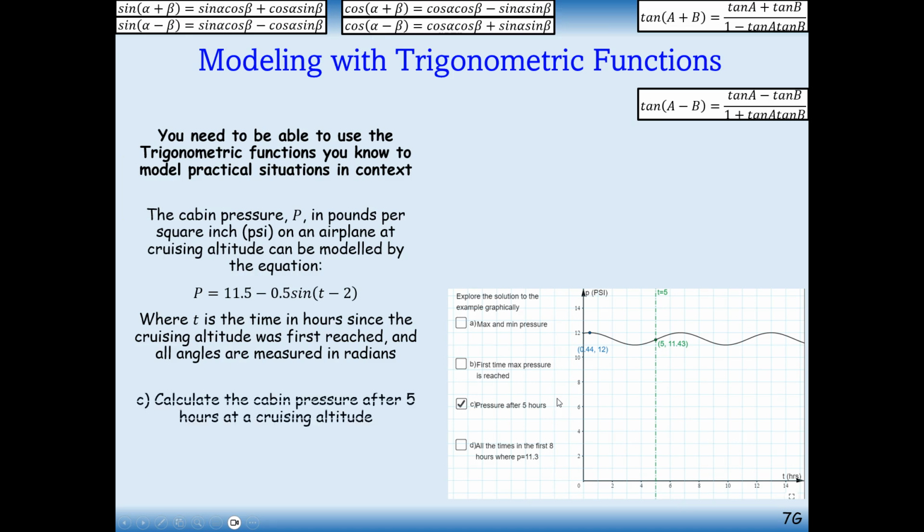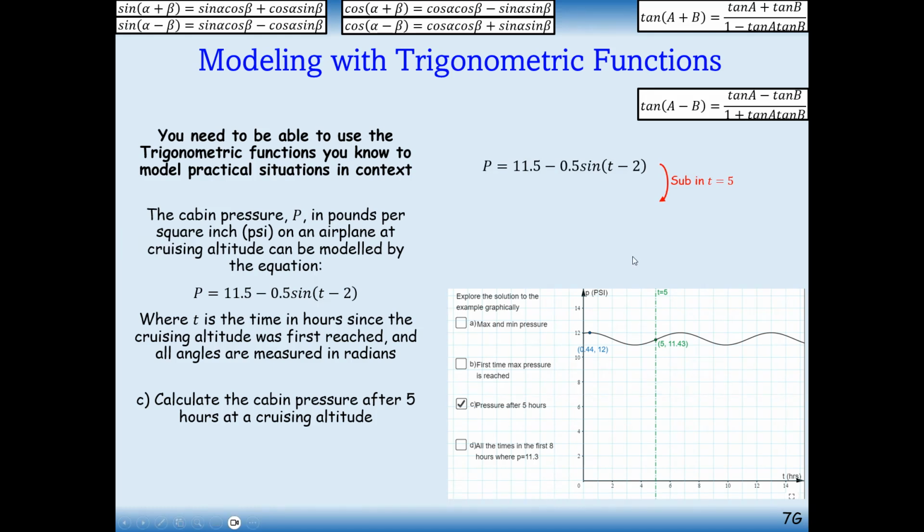The next part of the question is asking us to calculate the pressure after 5 hours. Then that simply, as the graph I've put on the right side shows us, is the value of that expression p when t equals 5. All we have to do is substitute 5 into that expression and we will get actually 3.